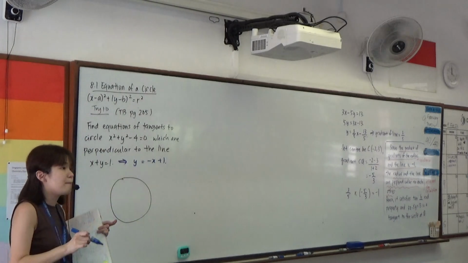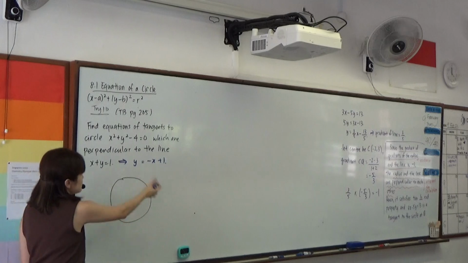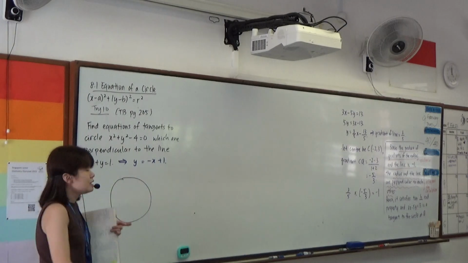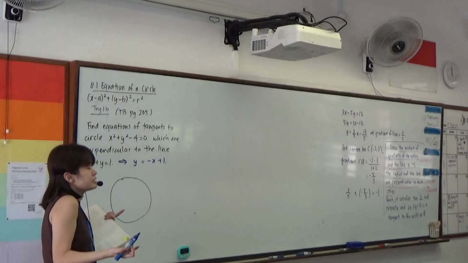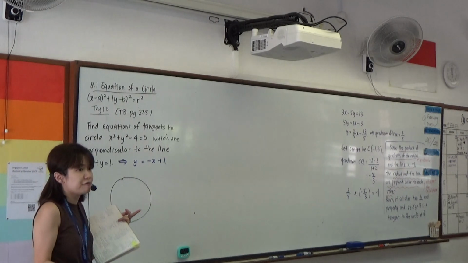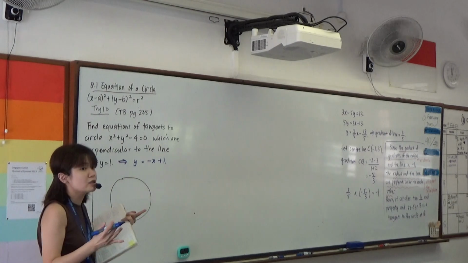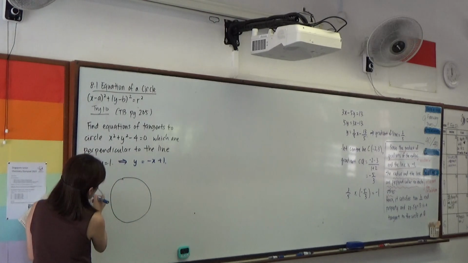The question did not mention whether this line intersects with the circle or not, so the line can happily be outside of the circle. There's really not much information given until you calculate, but that's not the point here. We just draw a rough diagram.